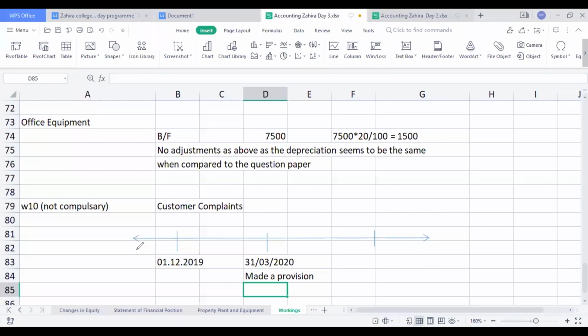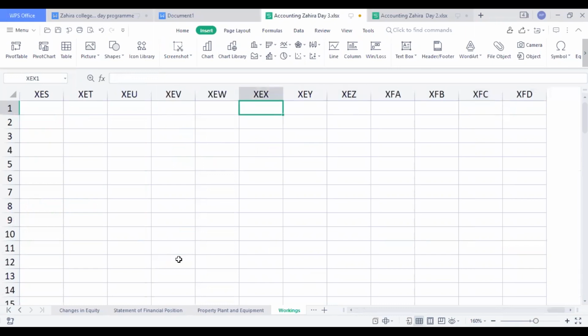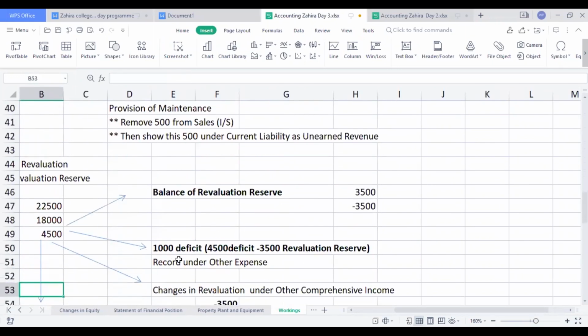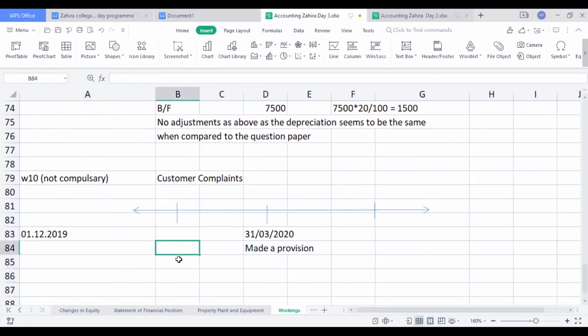You all know the year-end balance. So I'll write this value here. The year ends on 31st. Okay, give me a second, guys. So you all know the year ends on 31st/3/2020.